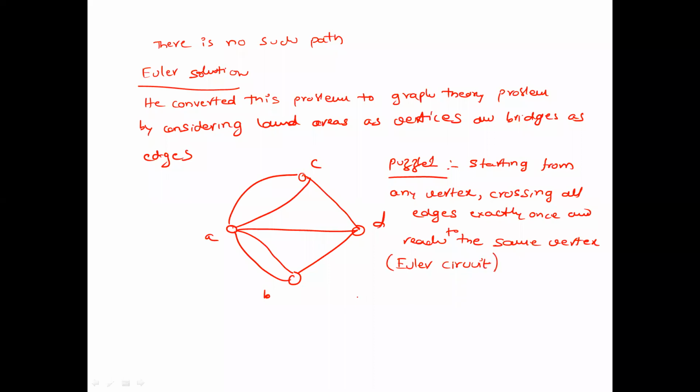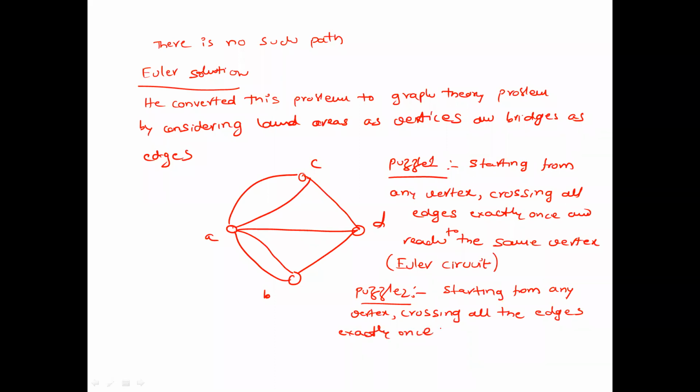And for puzzle 2, what is puzzle 2 now? Starting from any vertex, crossing all the edges exactly once and reaching any other vertex.